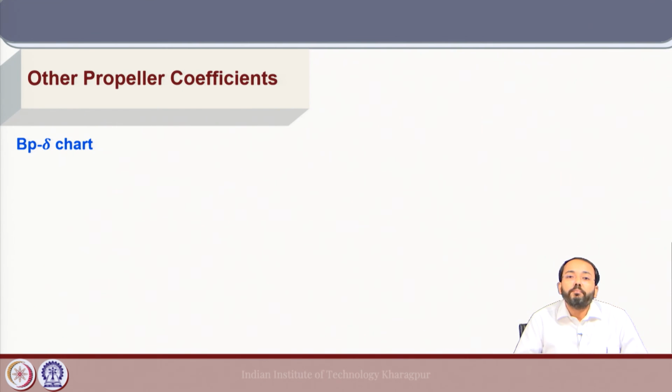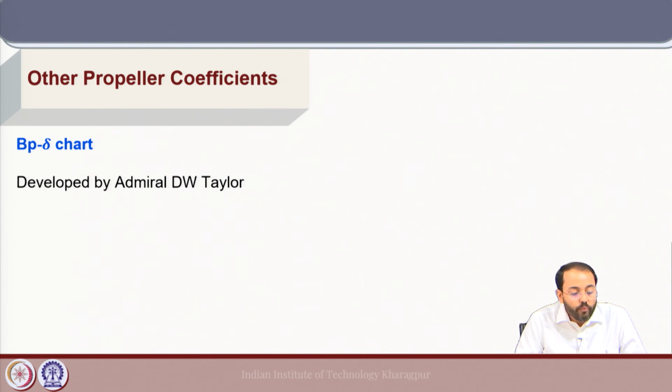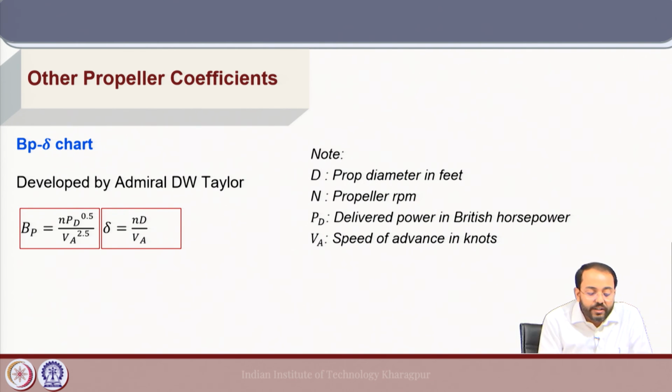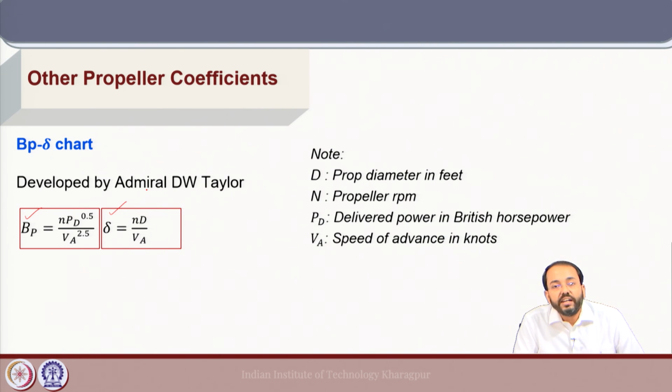Now, we move on to some other charts or propeller coefficients which are used extensively for propeller design. One such example is the BP delta chart developed by Admiral Taylor, where the coefficients BP and delta are given in relation to the propeller RPM, diameter, the delivered power and the advance speed.